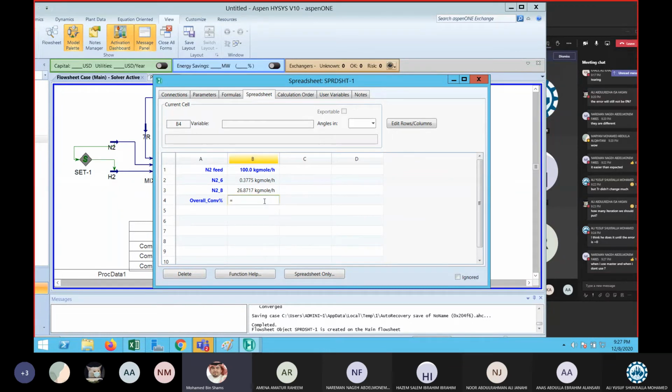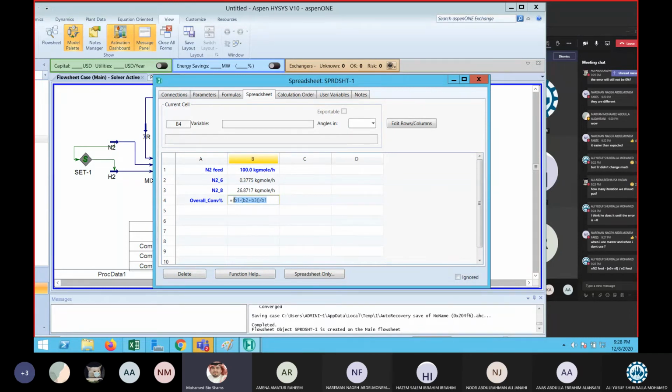So how do we calculate it? We have a bracket divided by B1. And inside the bracket we have B1 minus a bracket of B2 plus B3.